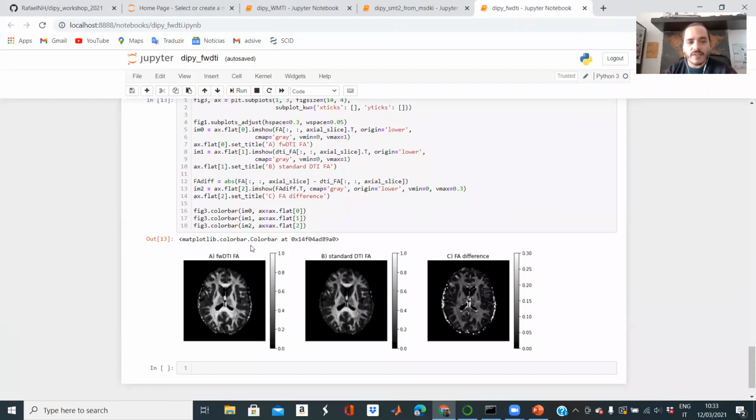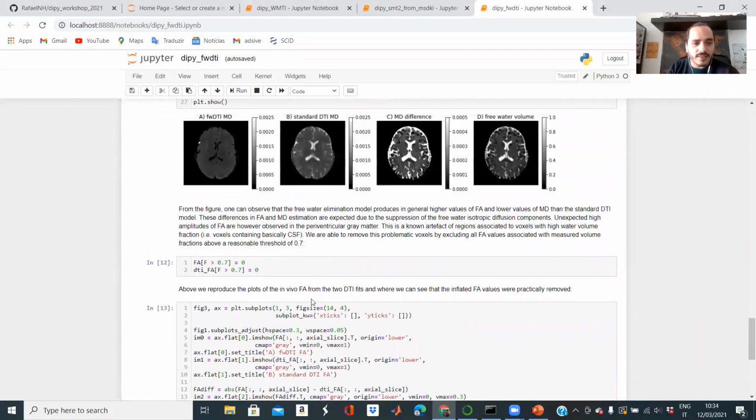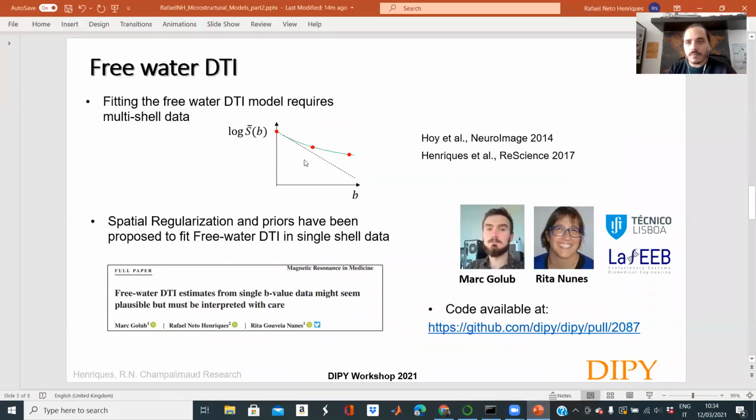Since near the ventricles you remove most of the signal because it only contains free water, the remaining signal can produce very high FA values. So to remove them, what I'm doing here is just masking out the values that were estimated to have a very high free water volume fraction. And yeah, these are the models that I wanted to present today.